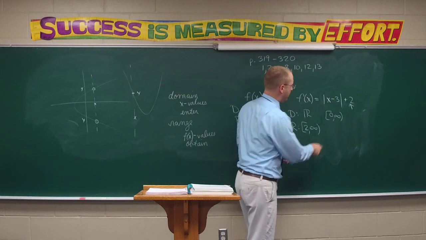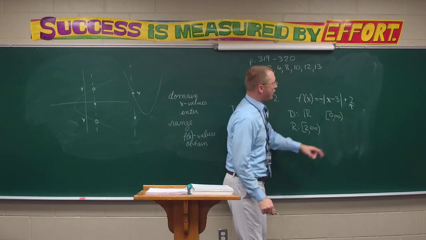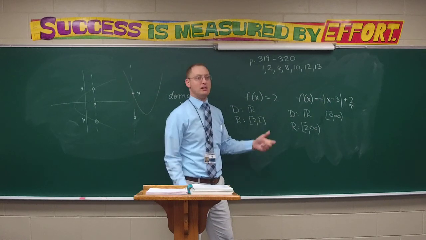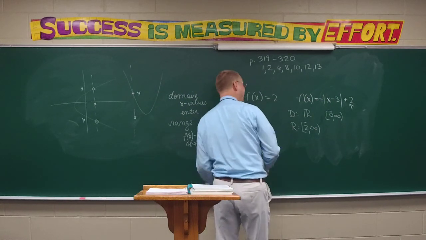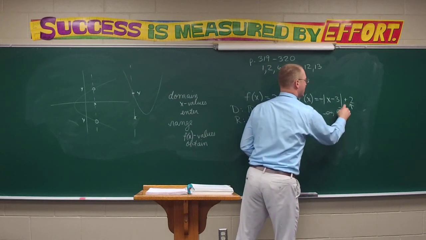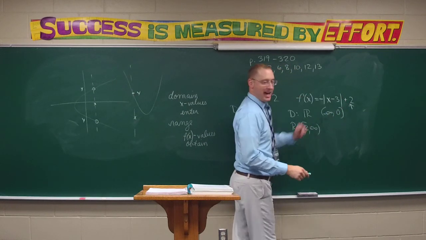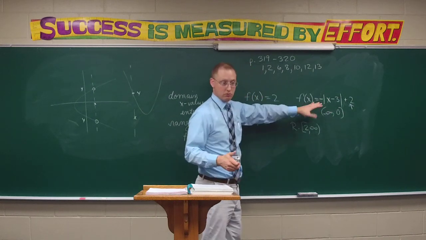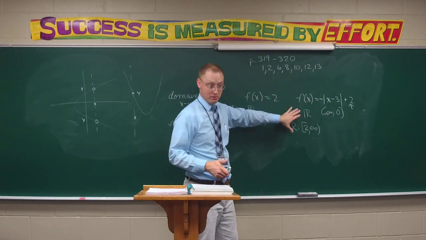What if, though, there had been a negative right here? Then all of a sudden, this absolute value actually only spits out negatives. How do I define negative numbers? Negative infinity to 0, right? But then I add 2 to that. Negative infinity to 2. Do we remember doing this?